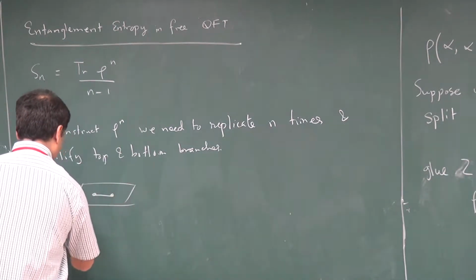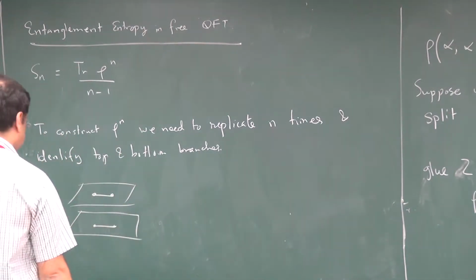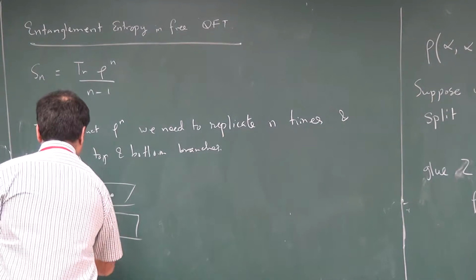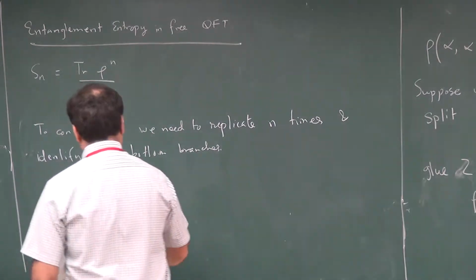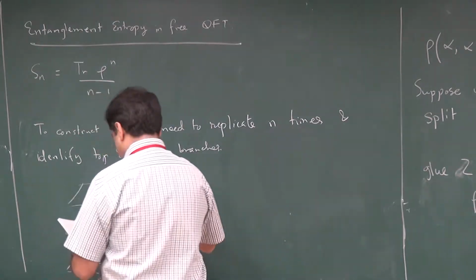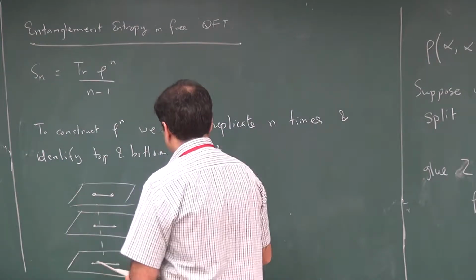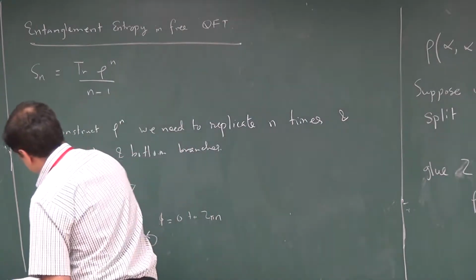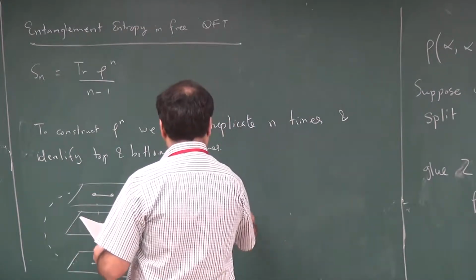You've got n copies of this picture, where each of these is supposed to correspond to rho, and you have n of these, and there is some angle phi that tells you on which branch you are. So phi ranges from 0 to 2 pi n. If it is 0, then you are on the first branch. If it is 2 pi, then you are on the second branch, and so on. And then you are supposed to identify the first and the last one. And this is supposed to give you rho to the power n.